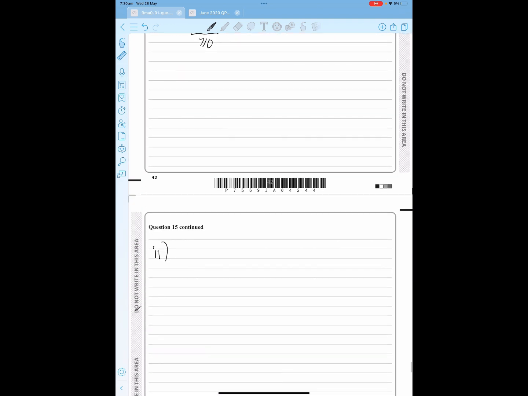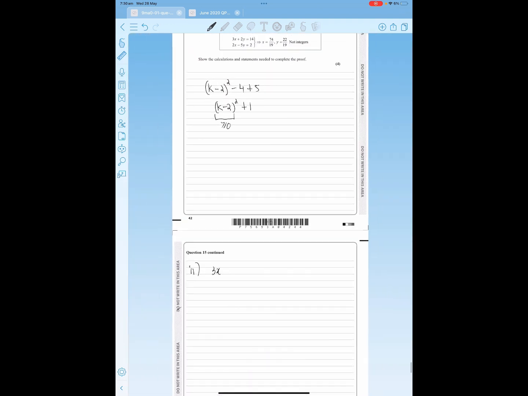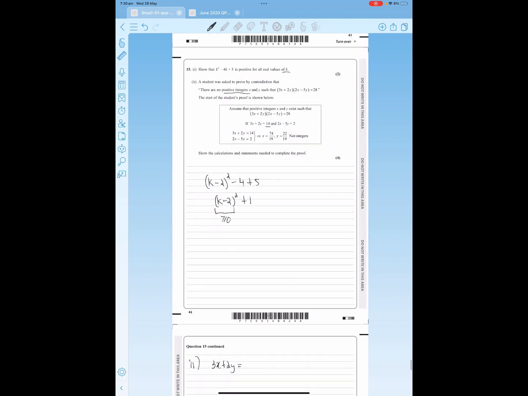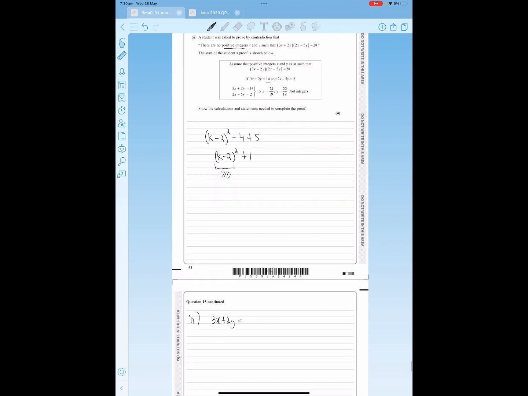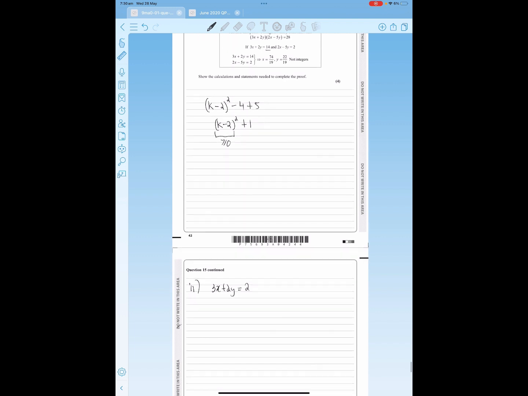So if I say that 3x plus 2y is equal to, so 14 and 2 is already used. So I would use 2 and 14 and solve this in my calculator. And you get x is 2 and y is minus 2.